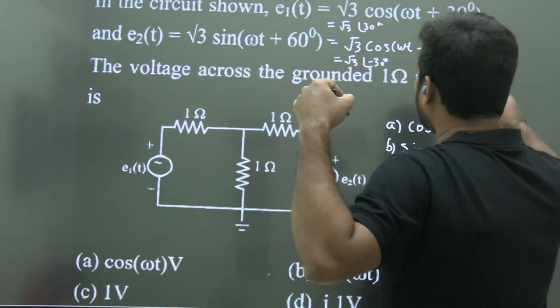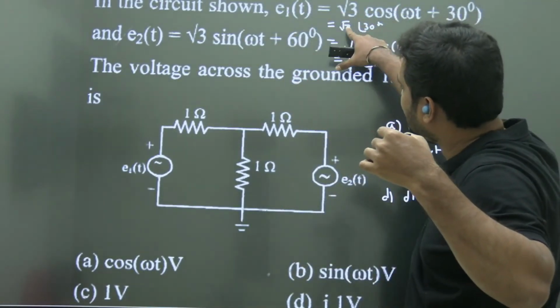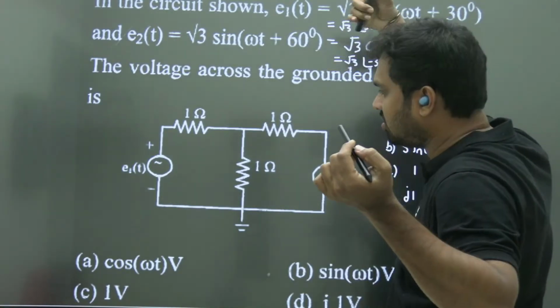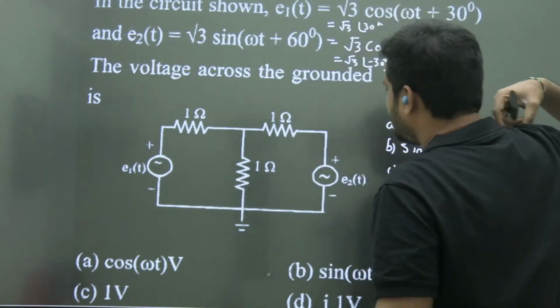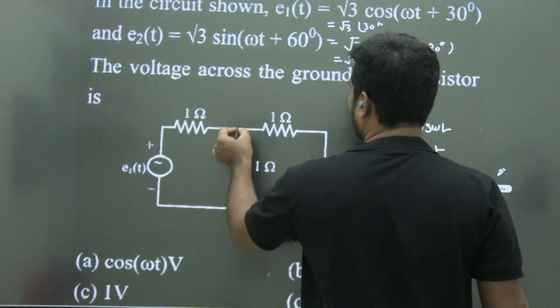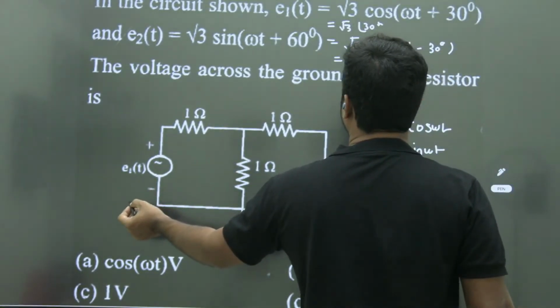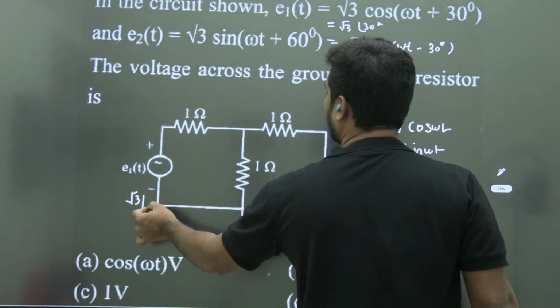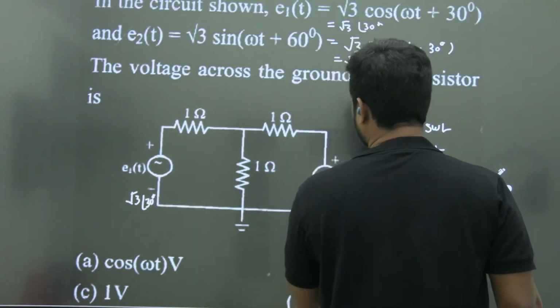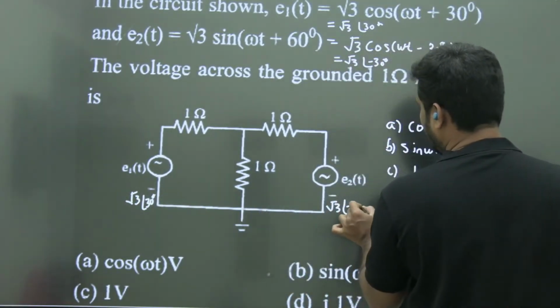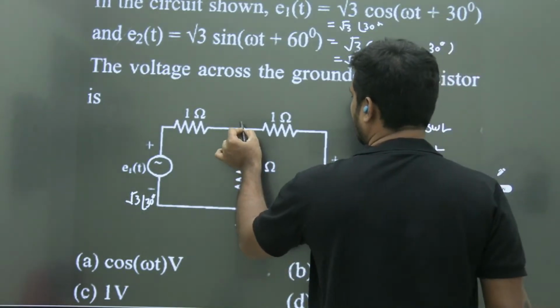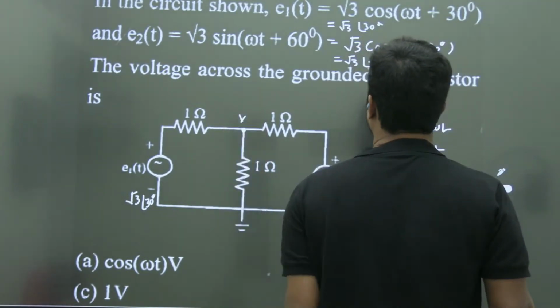I mean, when you try to represent the phasor in the phasor domain, I took maximum. Written also I write maximum. Always written is maximum only. So this is root 3 angle 30 degrees. This is root 3 angle minus 30 degrees. You get voltage across the 1 ohm resistor.